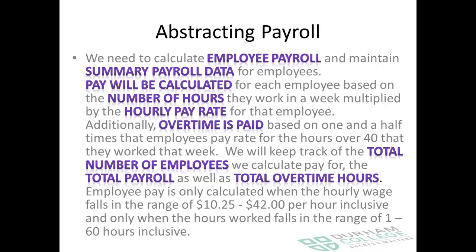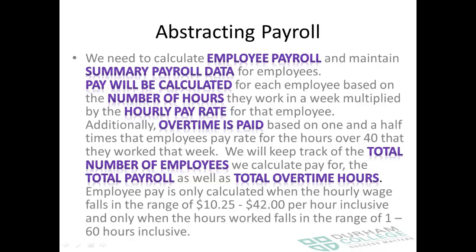Along with that, summary payroll data in its entirety includes total number of employees, total payroll, and total overtime hours. And then there are some validation rules in here as well. But the things that I've highlighted here, all of this stuff actually becomes your list of properties or attributes, and methods.